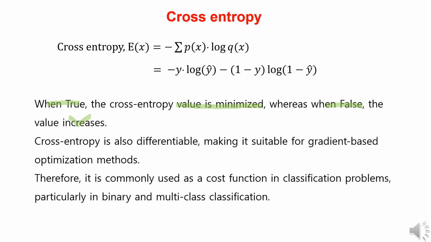Furthermore, since cross-entropy is a differentiable function, it is well suited for gradient-based optimization methods. This allows the model to be effectively trained using algorithms like gradient descent. Thanks to these properties, cross-entropy is one of the most widely used loss functions in classification problems, and it is highly useful in both binary classification and multi-class classification.